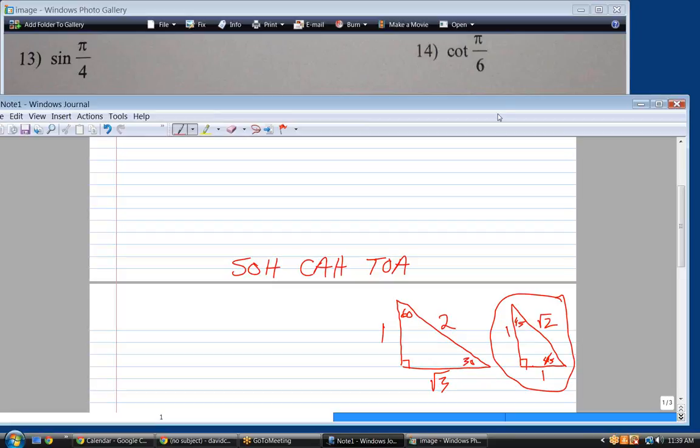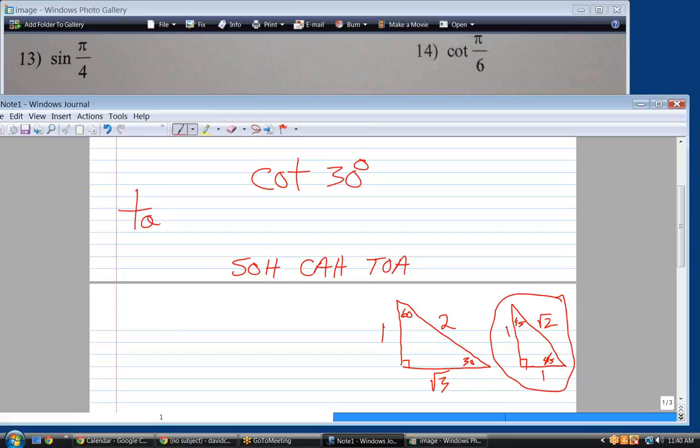So then it's cotangent of 30 degrees. Right. Okay. So looking at this triangle here, you can either think in terms of tangent and flip it, or you can think in terms directly of cotangent. What are you more comfortable with? Tangent.